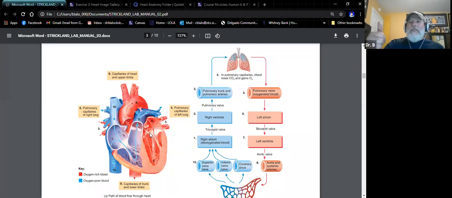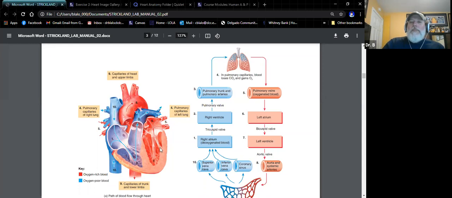So you got left, atrioventricular, bicuspid, LAB, lab. And on this side, you've got what? Right, atrioventricular, tricuspid, RAT. So the mnemonic lab rat can help you remember that the bicuspid is on the left and the tricuspid is on the right.